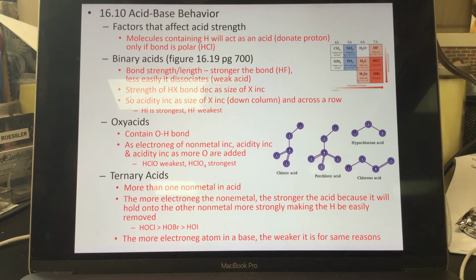So in terms of bases, as we go more towards fluorine, those bases get weaker and weaker, which, as we talked about in the beginning of this chapter, the group 1 alkali metals and the heavier group 2 alkaline earth metals, those are stronger bases, again, because they have weaker electronegativities.